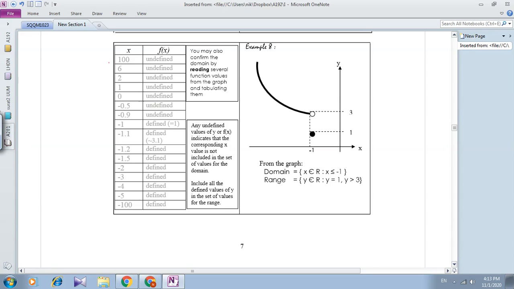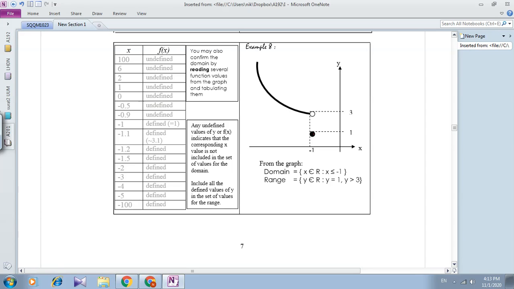Now look at example 8. We have composite functions because we have two graphs on a coordinate system. Even though this is only a single point, we can consider this as a graph. So what are the value inputs horizontally?